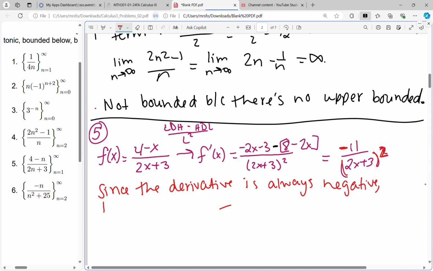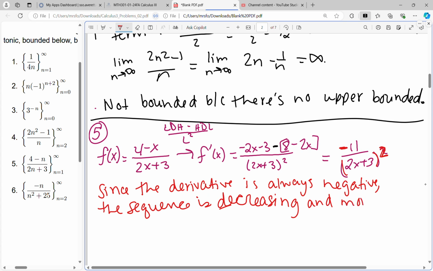The sequence is decreasing. Now, if you remember in the previous one, the derivative was positive, so it was increasing. The sequence is decreasing, and that makes it monotonic.